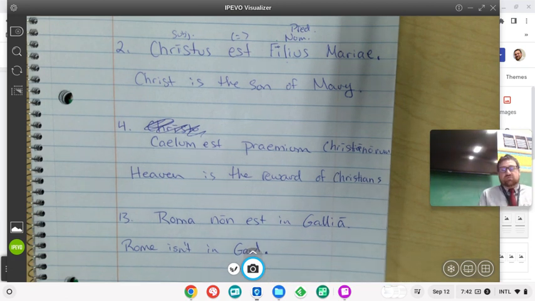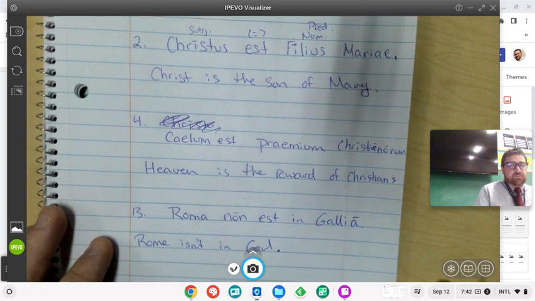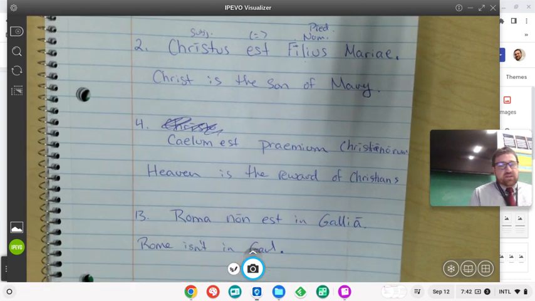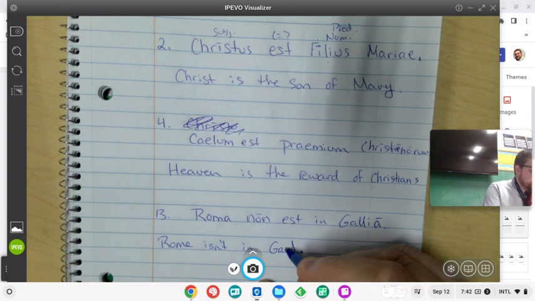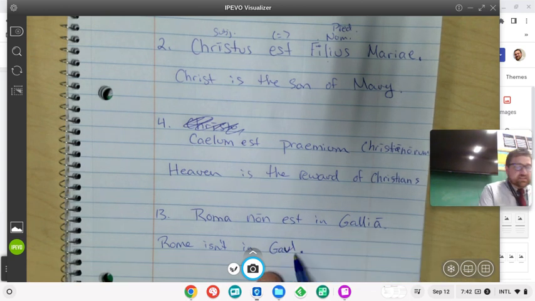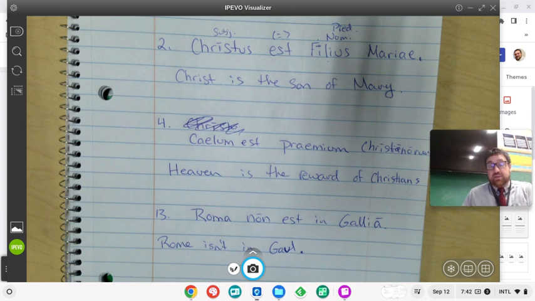Although if you just rewrote Gallia, or if you even said France, because this is referring to roughly the area that we call France today, that would be correct as well. I think the preferred answer here would be to write Gaul, because that is the English way to refer to that land back at that time. So Rome isn't in Gaul.